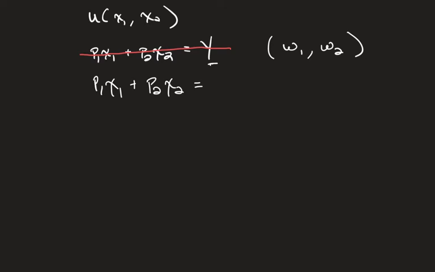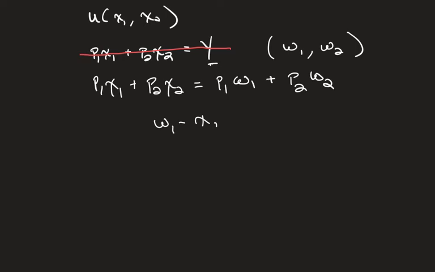So how valuable is that endowment? It's P1 omega 1 plus P2 omega 2. And so with this budget constraint, omega 1 minus x1, if that's a positive number, you have more of good 1 than you're going to consume.